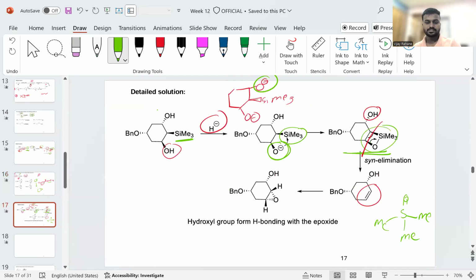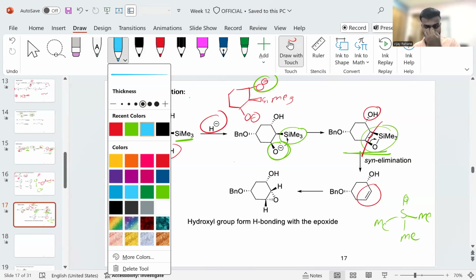So that's what the last step is. This is the product. The hydroxy group forms hydrogen bonding with the peracid. In this case you also need to focus on the stereochemistry of the epoxide.